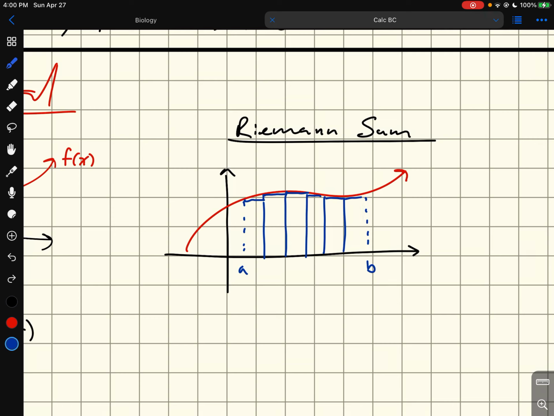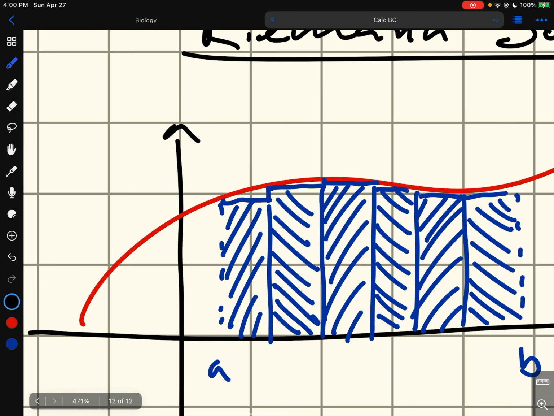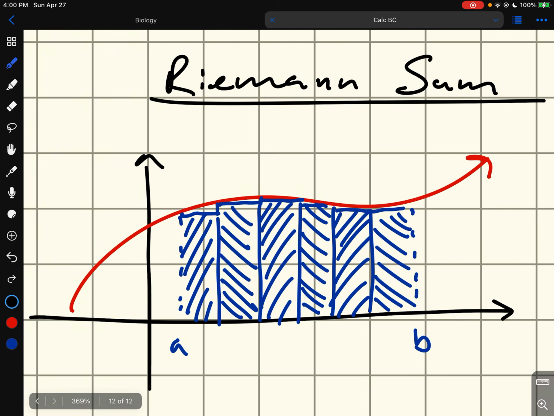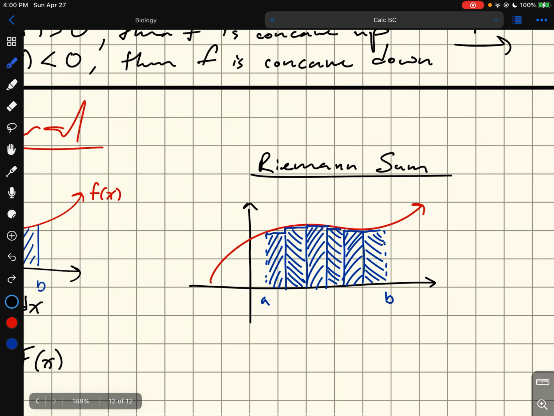It's just adding up the area under a curve using rectangles. So this is just a rough approximation. Although this graph doesn't show it very well, you can see there's some space under here that is not covered by this Riemann sum. See here. There's some space there. So this is just a rough approximation.